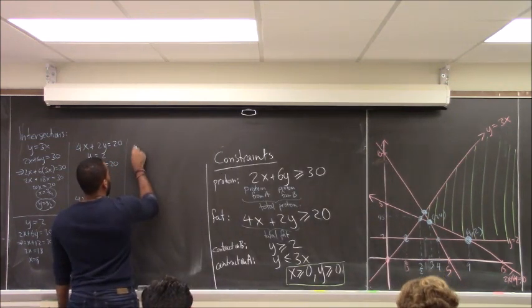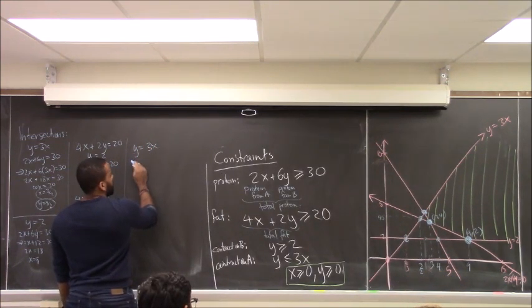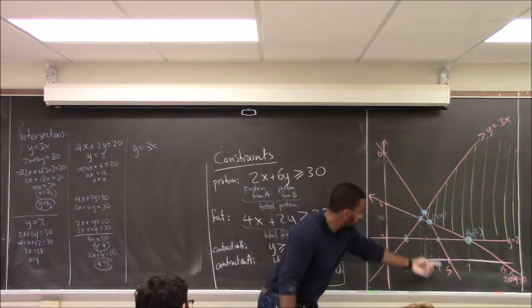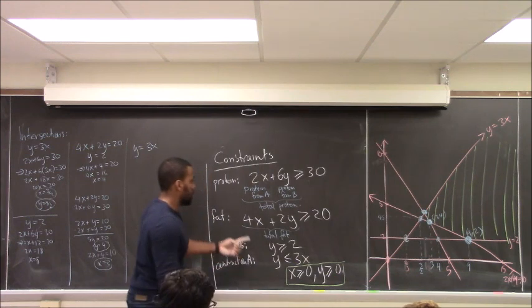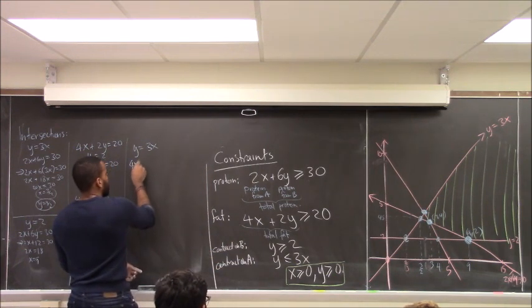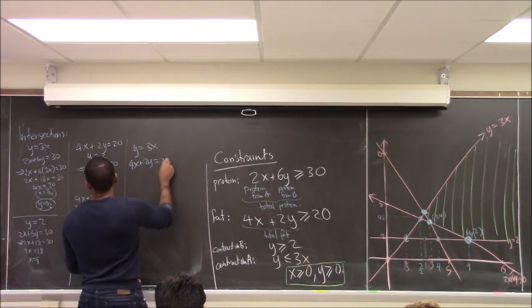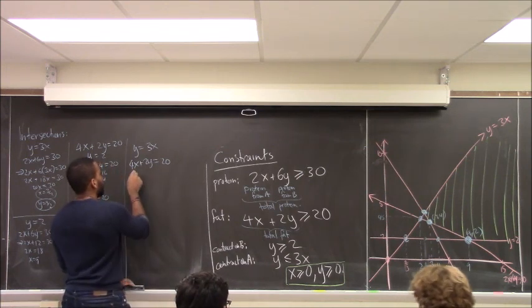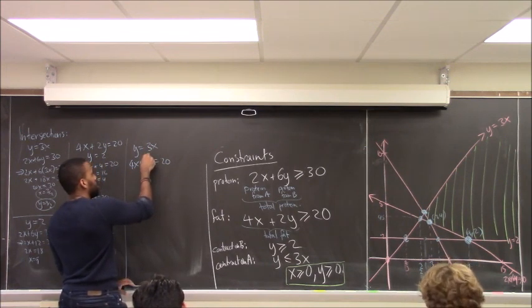So I would look at y equals 3x and intersect that with the 4x plus 2y equals 20. It's 2, 6. So, plug this in here.